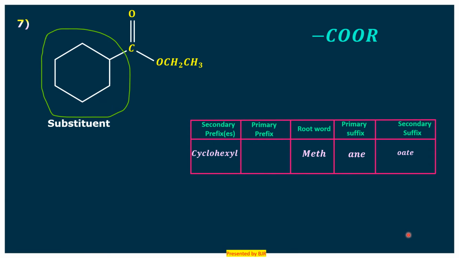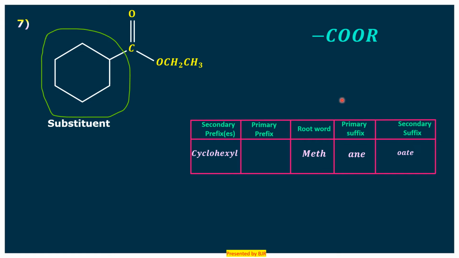Okay. While naming esters, the alkyl group present in the functional group COOR, that is R, should be named first. In the naming of aliphatic compounds, I provided all those rules.